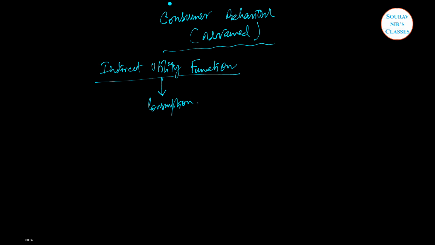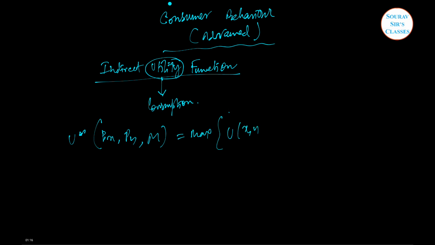Now what happens if I tell you that I give you a utility level that is prefixed and ask what is the income level you want? The mathematical formulation of an indirect utility function is Px, Py and M. If these three are given, then we have to maximize the utility given what?